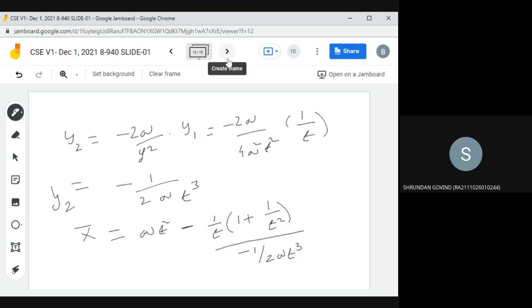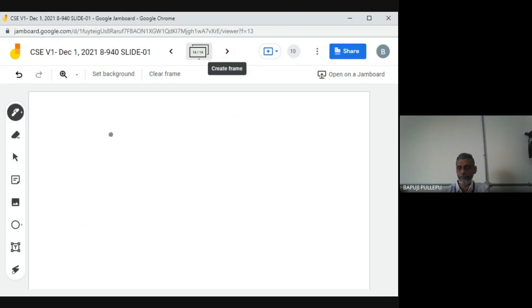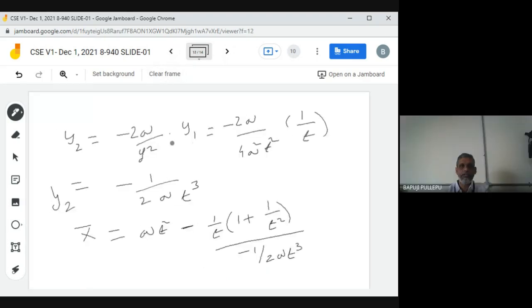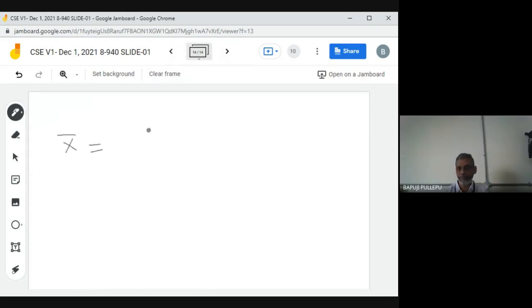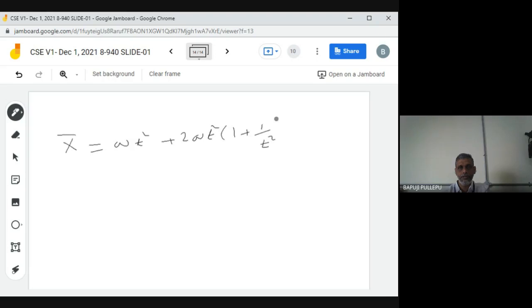Now tell me what is the value? X bar is equal to at squared plus 2at squared, t squared plus plus 2a, correct?